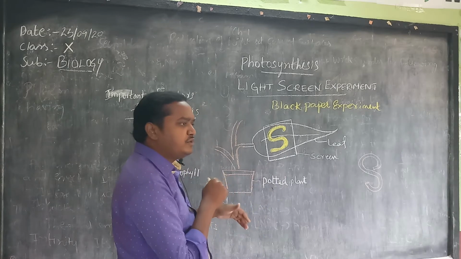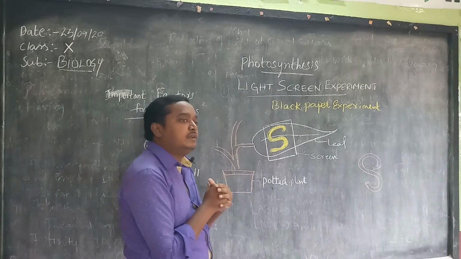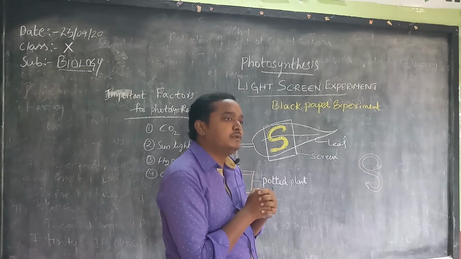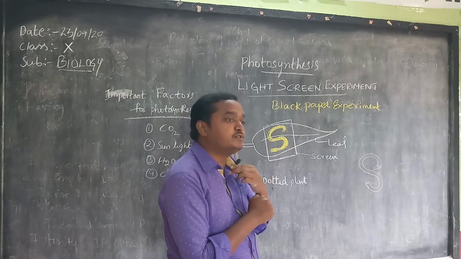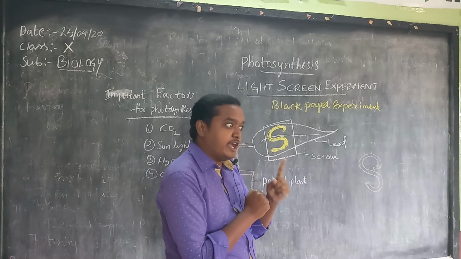Okay, next what do we need? For the starch test, which chemical did we use? If you want to get starch's blue black color, which chemical? Iodine. Remember, iodine.